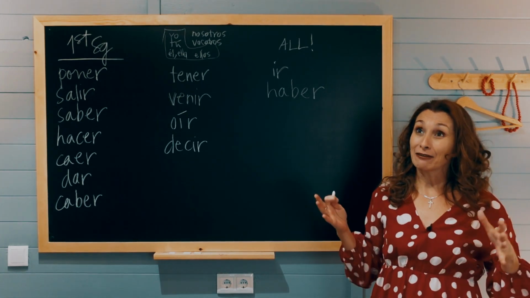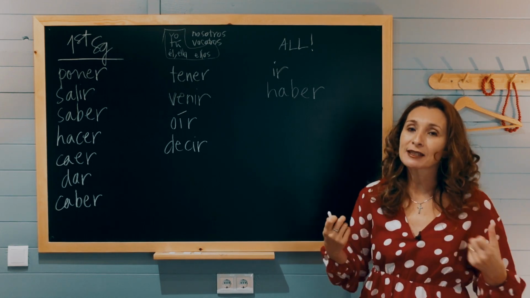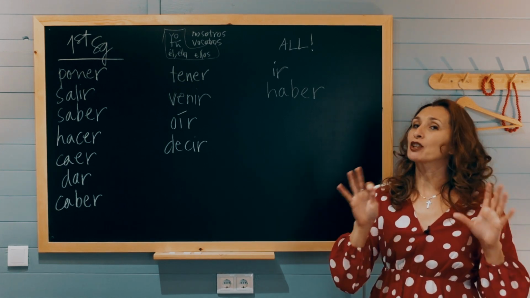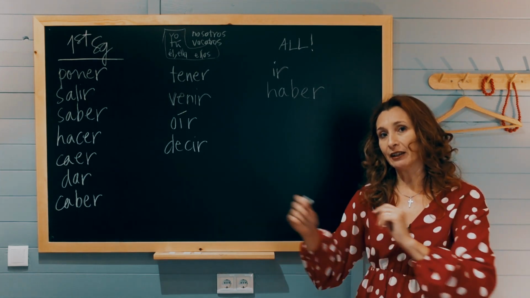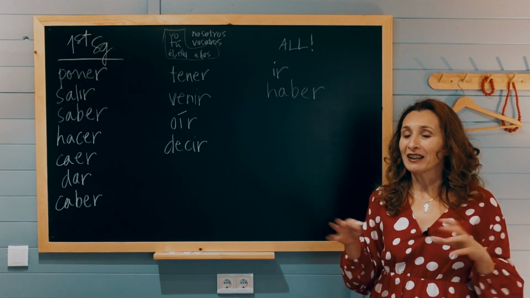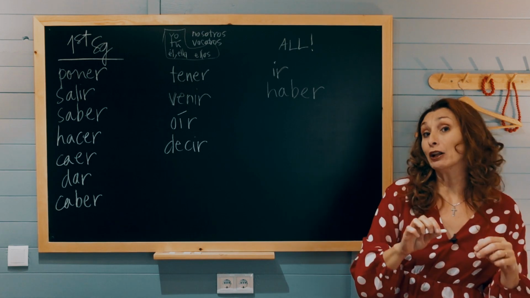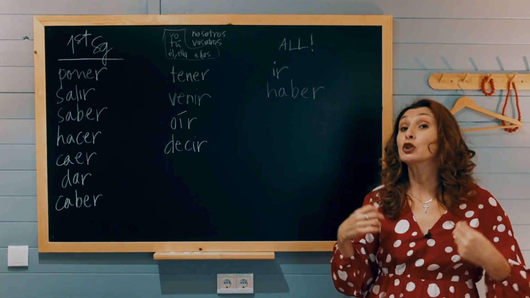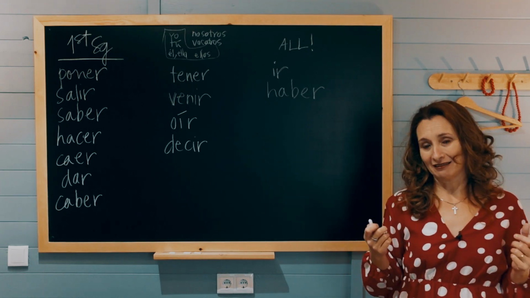So when have doesn't really mean to have something, to own something, to possess something, when have is only used alongside another verb. So for example, I have seen. Have here is only to help, to assist the main verb, the verb to see.